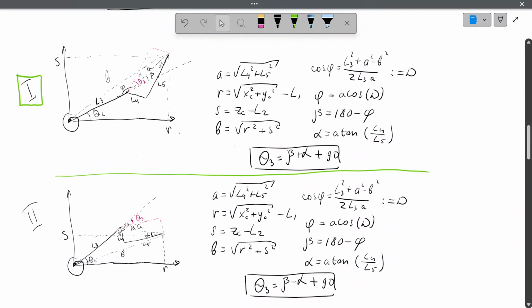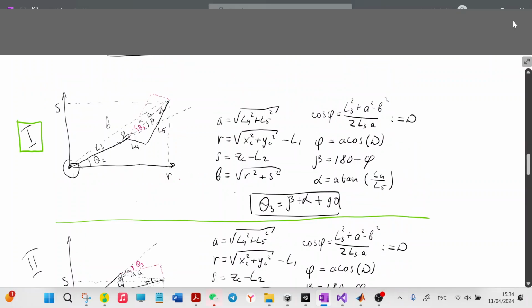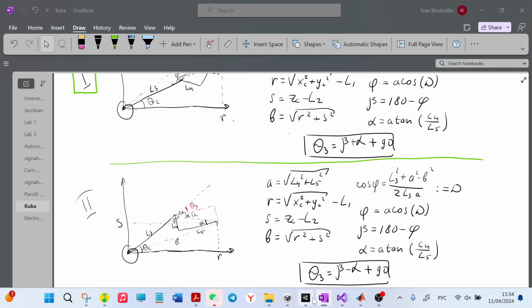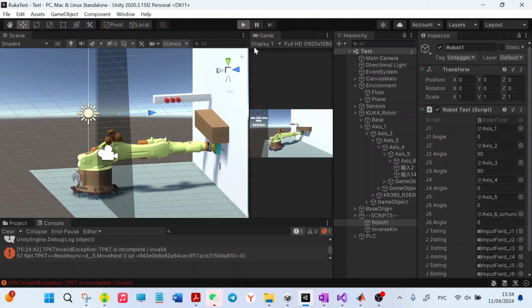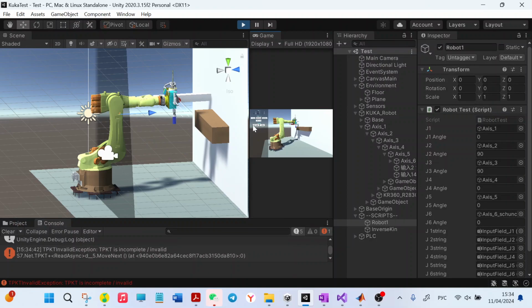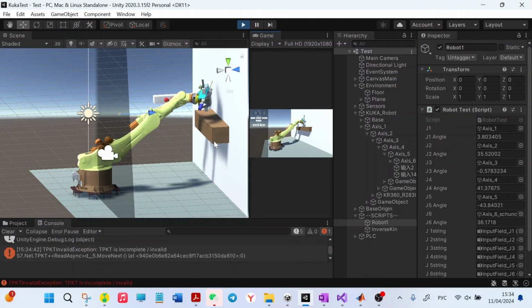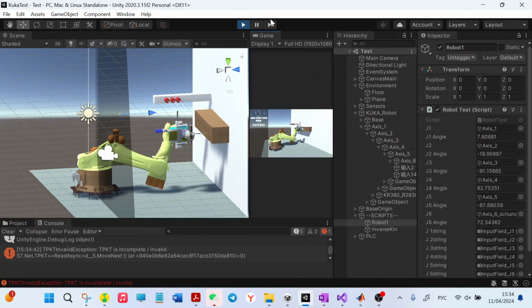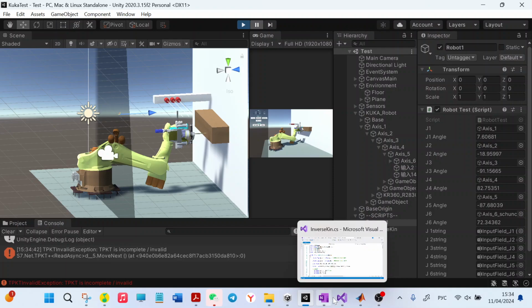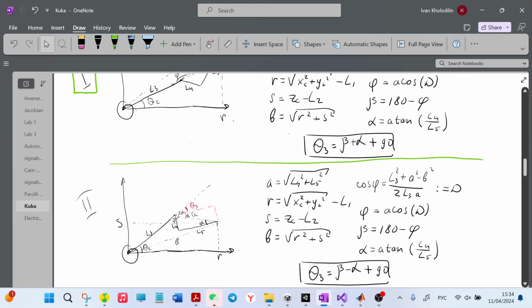Next, based on the robot configuration, we may have different inverse kinematic calculations. For example, the calculation I used in Visual Studio was the first calculation. Let's take a look at the robot configuration. When we click calculate kinematics, we will see that the robot has this configuration, similar to the first case.